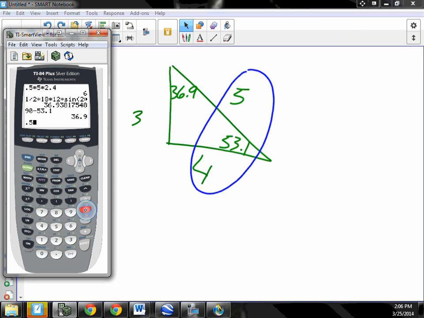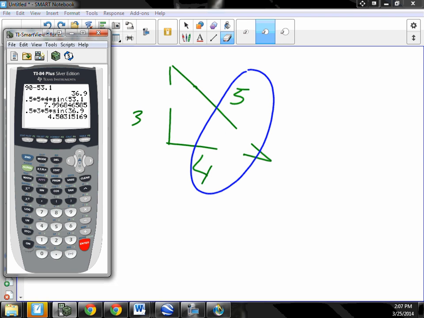So 0.5 times 5 times 4 times the sine of 53.1 should be equal to 0.5 times 3 times 5 times the sine of 36.9. Oh, I got my angles backwards. Thank you. 53.1 and 36.9. Okay, let's try that again.